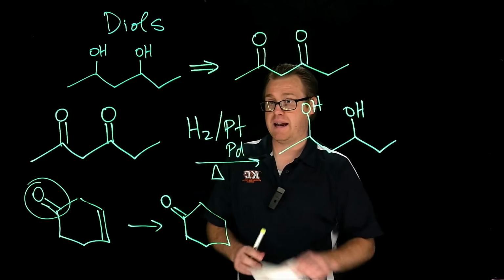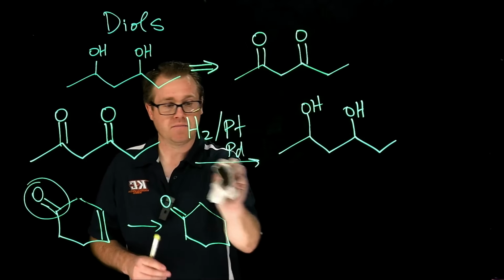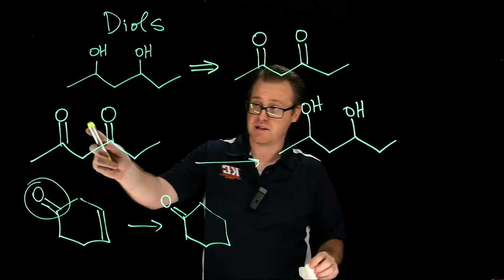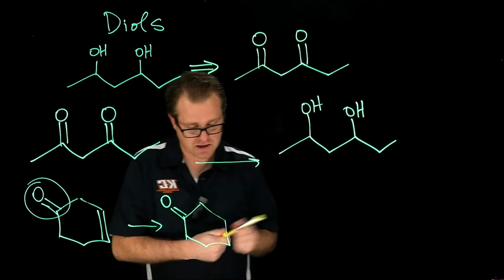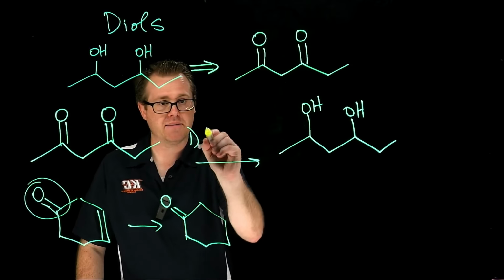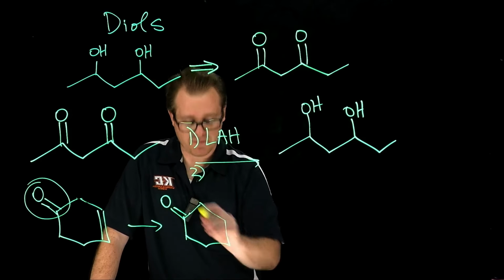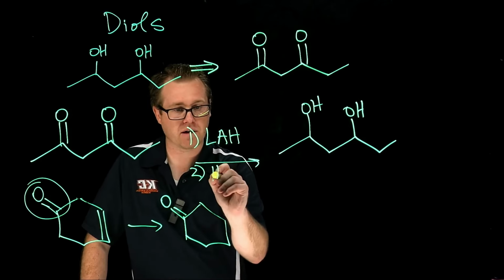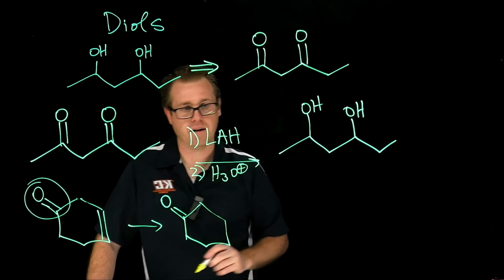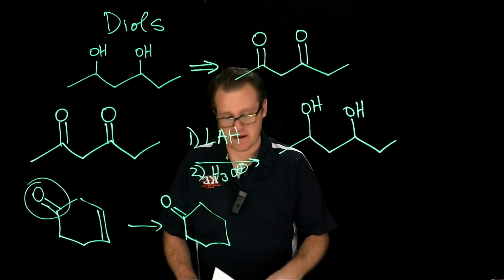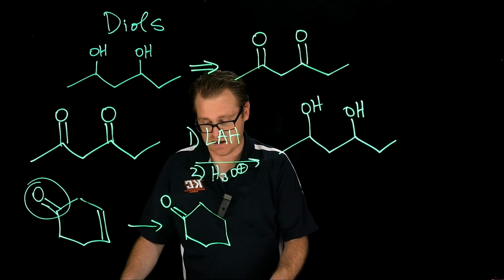What are some other reagents that we could use to reduce these ketones into alcohols? We could do it in 2 steps. Lithium aluminum hydride, and then step 2 would be just an aqueous workup. All right. So that's one way to reduce a ketone into an alcohol.